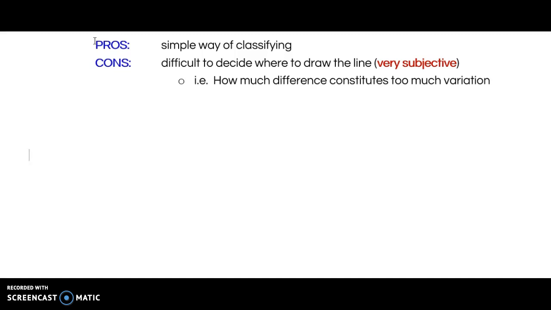So how much difference constitutes too much variation to be able to place these organisms in the same category? So it's super simple to use, but it's also maybe a little bit subjective.